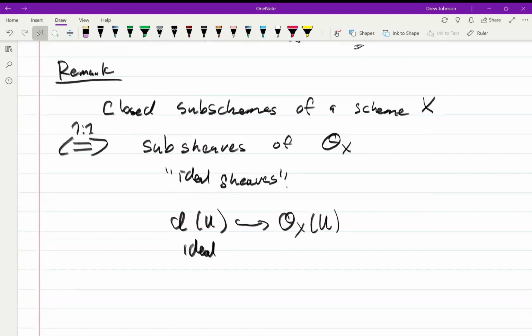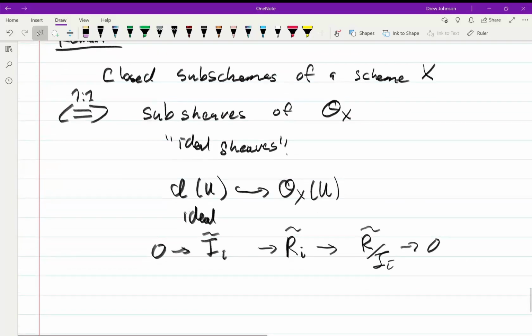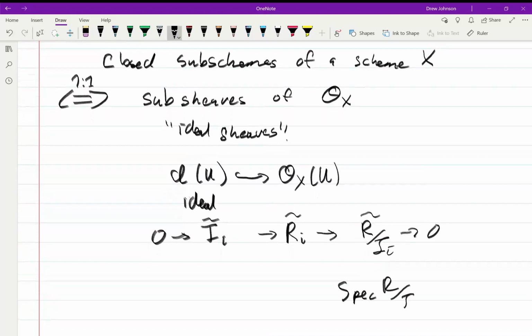So for example, you pick an affine open cover. Then this becomes like Ri tilde, and then this will be some ideal here, and this will map to R mod I. And then you have these spec R mod I's, and these here will be exactly the things that are defining your closed subscheme, and you can work it back the other way too.